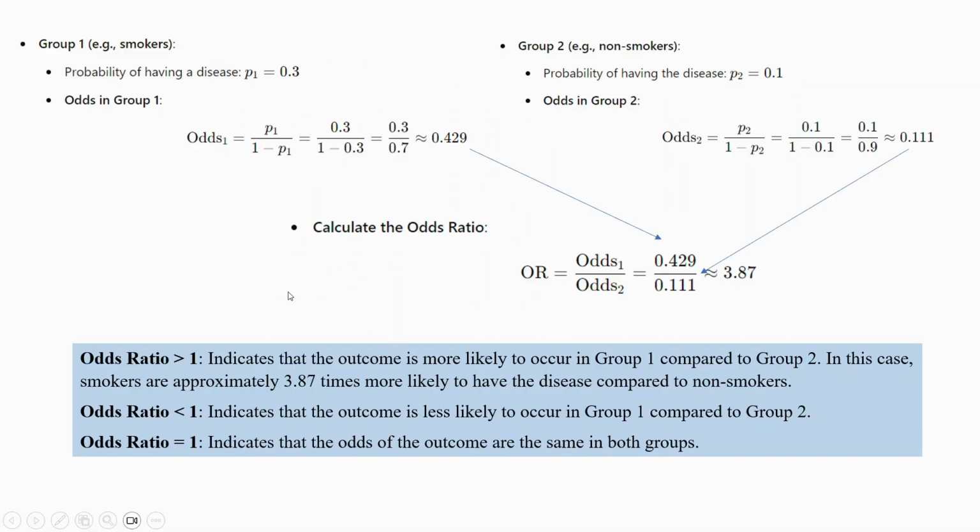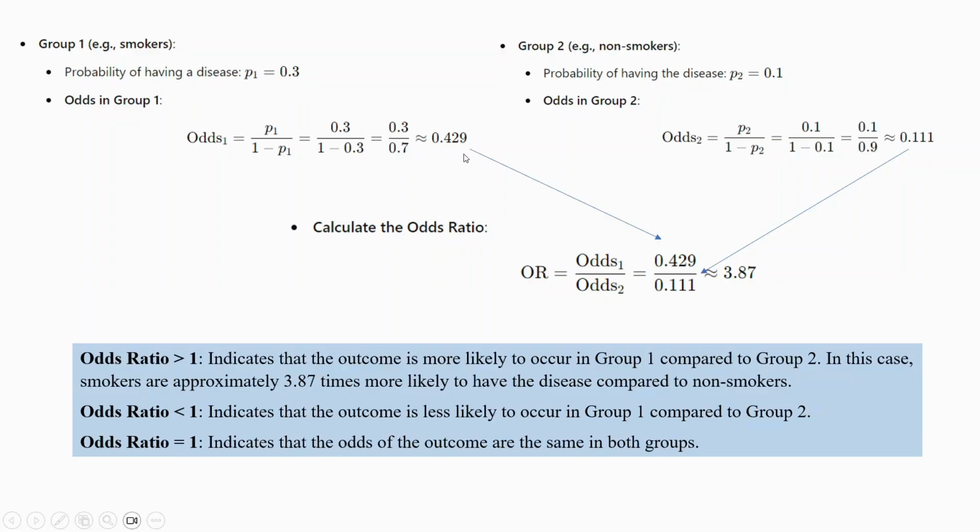Now we have two groups. Group 1, smokers. Group 2, non-smokers. In group 1, the probability of having a disease, P1, is equal to 0.3. For group 2, P2 is 0.1. So what will be the odds in group 1? P1 upon 1 minus P1, so 0.3 upon 1 minus 0.3, 0.3 divided by 0.7, 0.429.